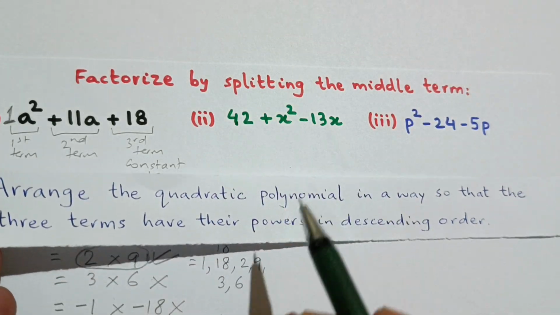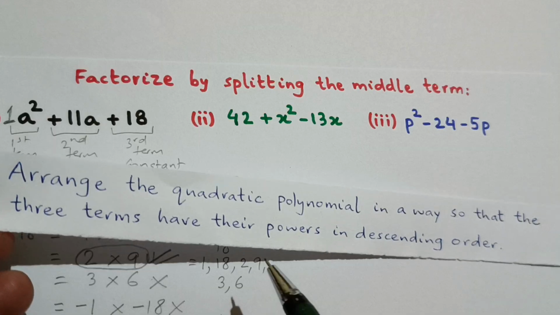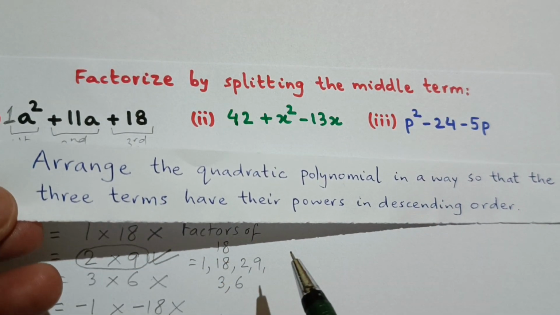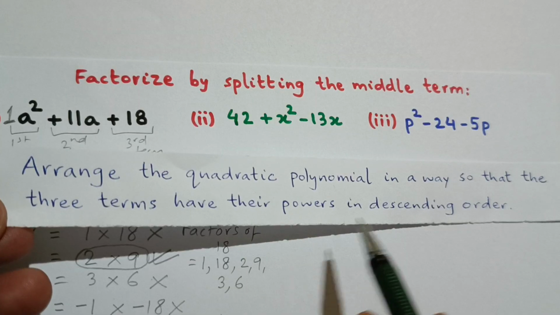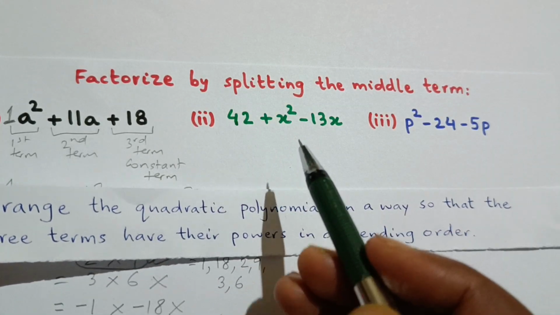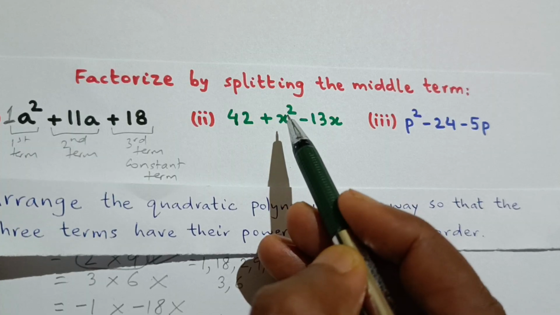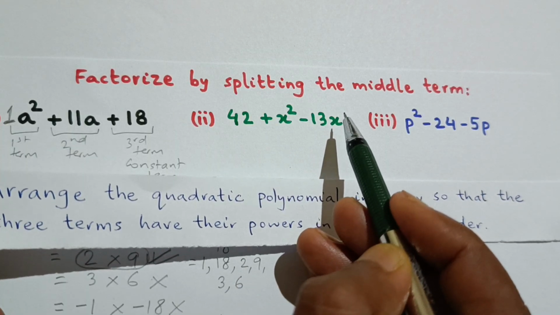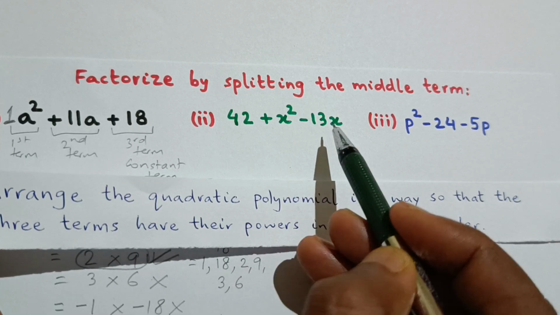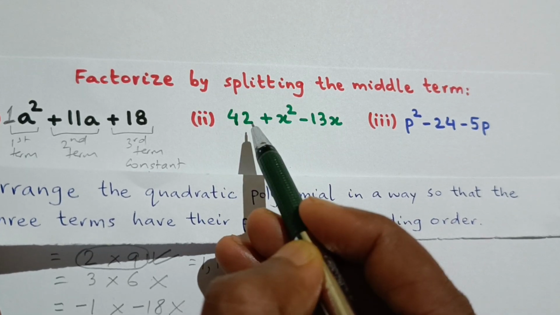Here I can see that these 3 terms are not arranged in descending order of their powers. Here the power of x is 2, here the power of x is 1, and here the power of x is 0. So first I will have to write this, then this, and then this term.